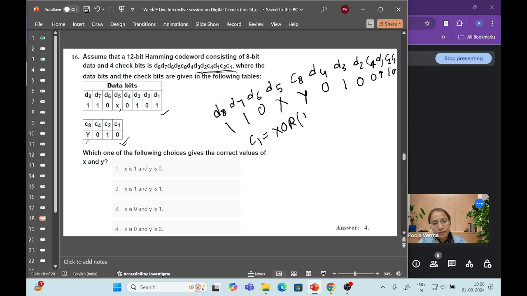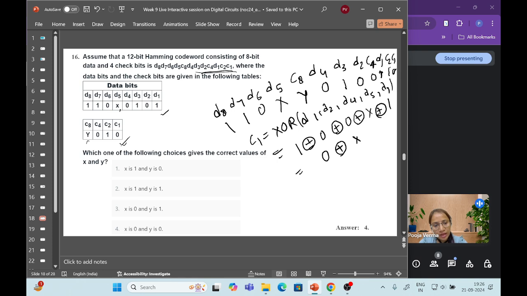The positions of D1, D2, D4, D5 and D7. You can check it. D1 is 1 XOR D2 is 0 XOR D4 is 0 XOR D5, where X is given, XOR D7 is 1. So the number of ones should be even. So 0 XOR X.